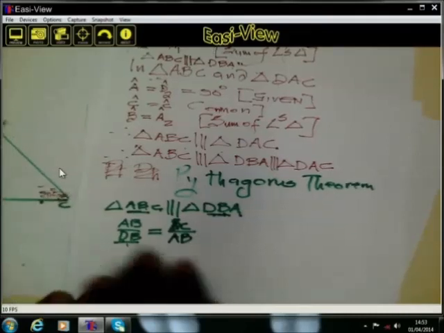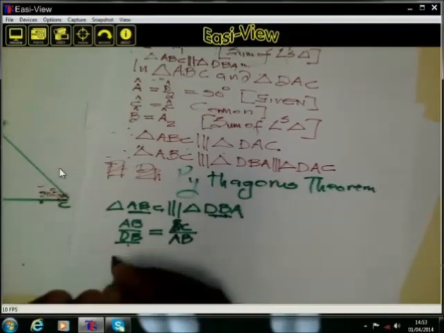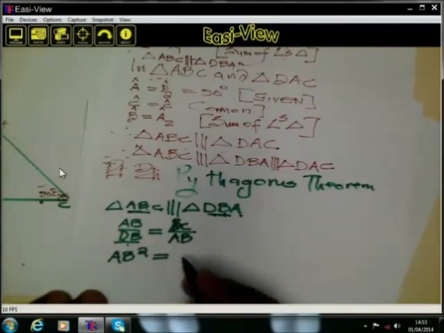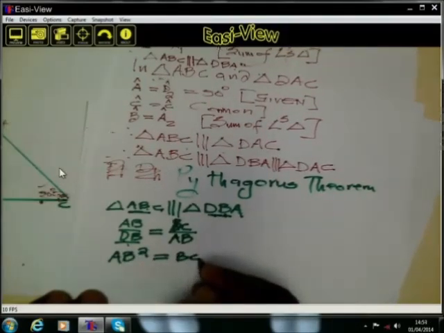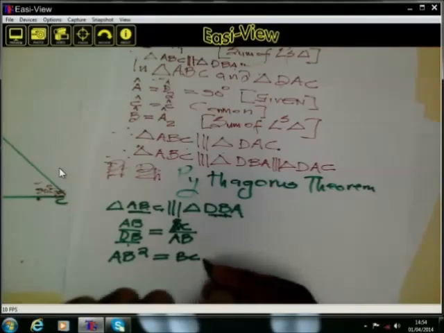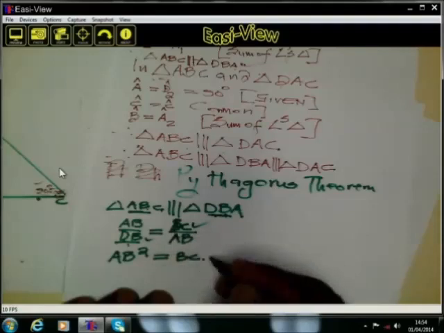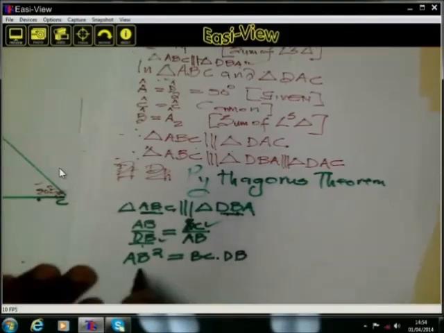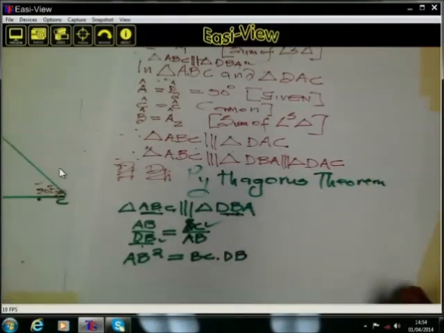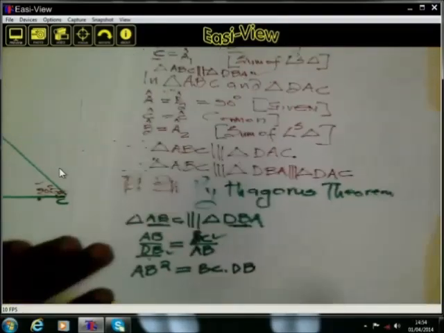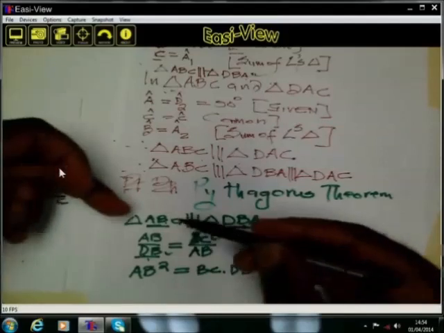Now, if I cross multiply here, I'm going to have AB squared, which is going to be equal to BC multiplied by DB. That is the definition of AB squared. And this is the information that I've sourced from this similarity. I'm taking proportional sides.